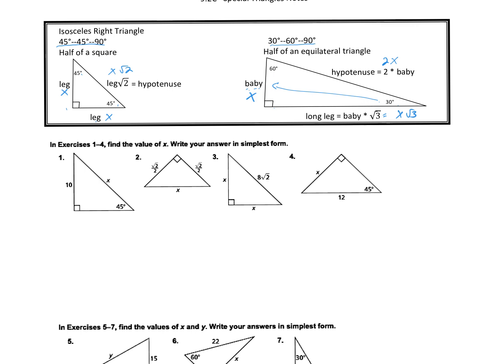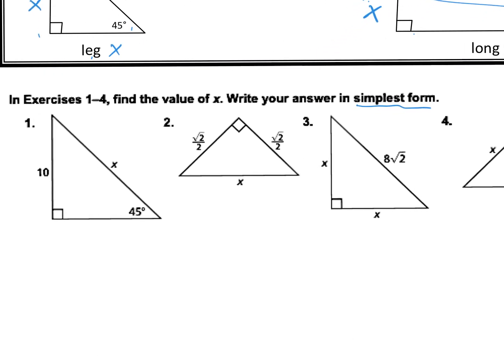Number 1, find the value of x. Write your answer in the simplest form. Keyword, simplest form. Okay. We have a 45. This is a 45. So if this is 10, I know this has to be 10. I know then x has to be 10 root 2.